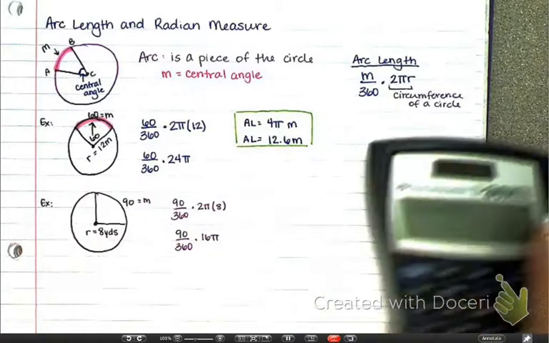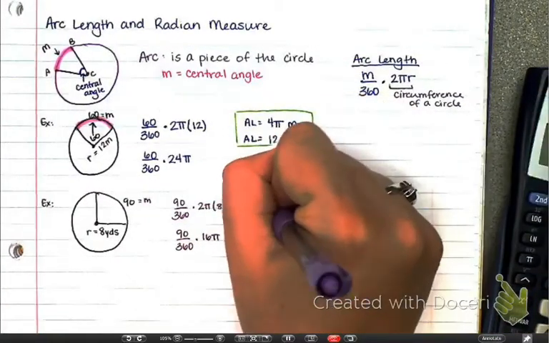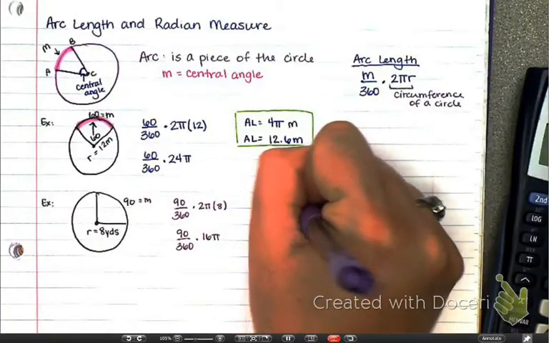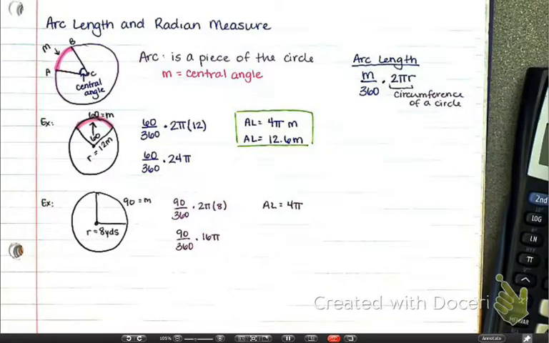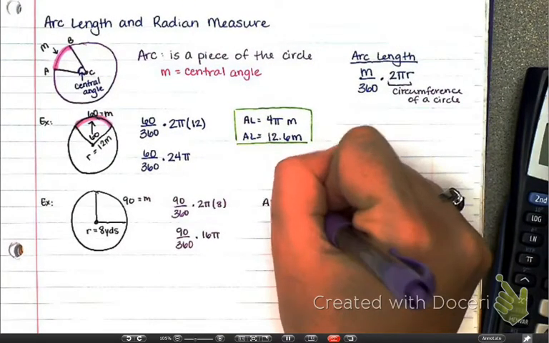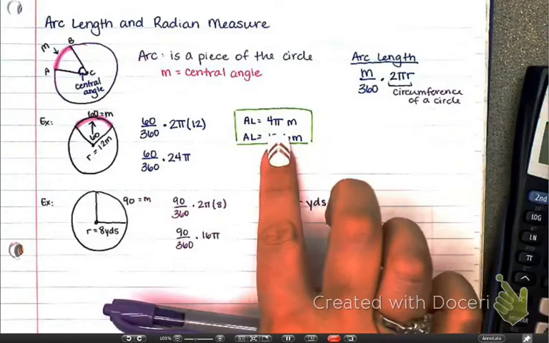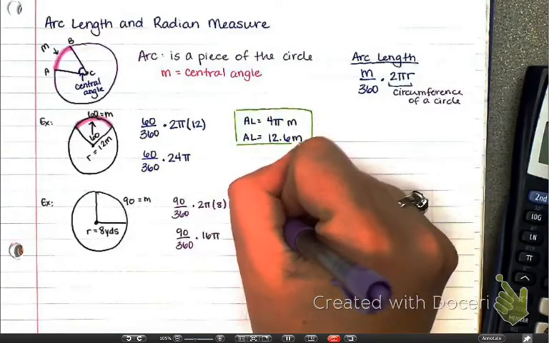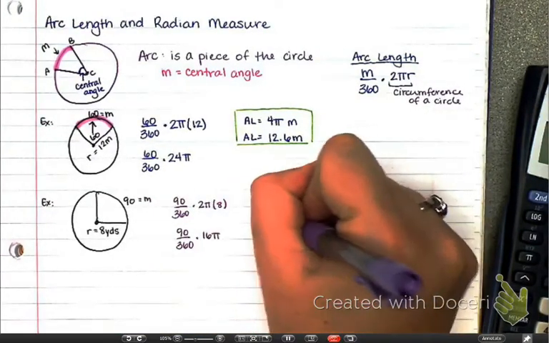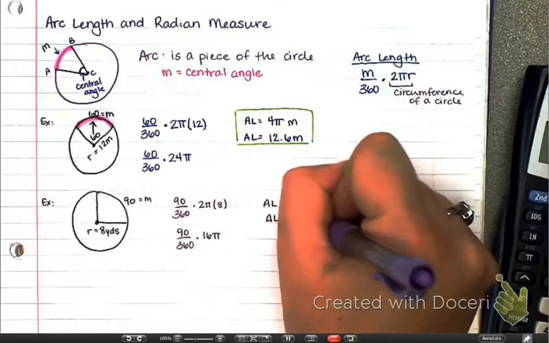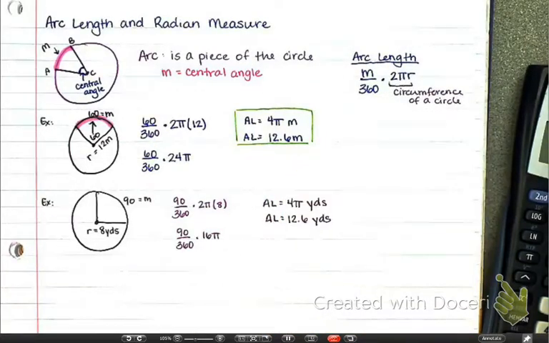So my arc length is 4 pi. What's my unit? Yards. And if you want to plug it in again, you should get 12.6 yards.